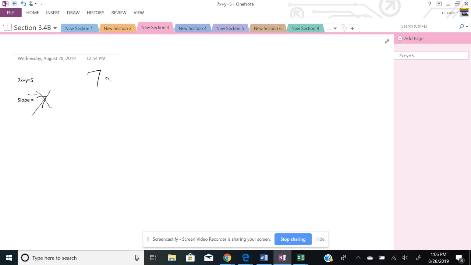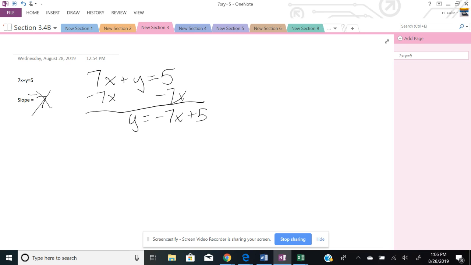So if we have 7x plus y equals 5, we have to isolate the y, or get the y by itself, by subtracting 7x. Therefore, y is equal to negative 7x plus 5.